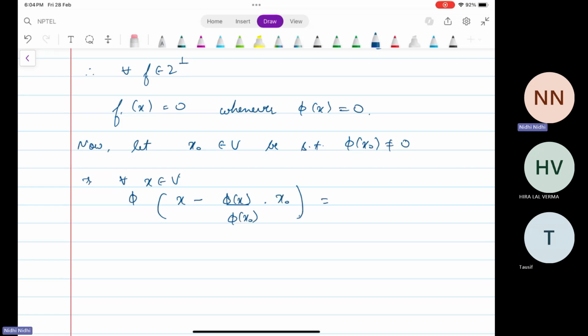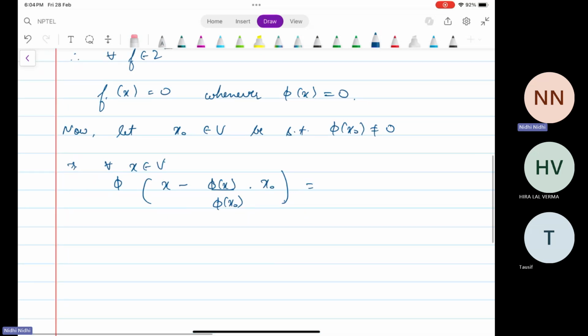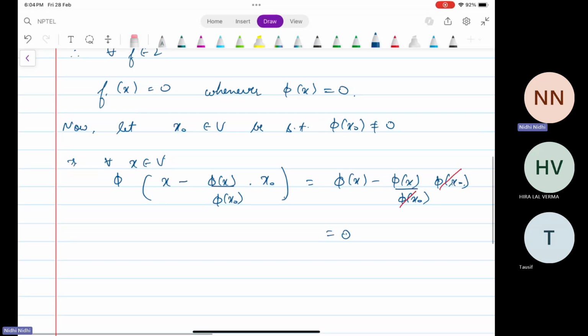Since phi is linear, by linearity this is equal to phi x minus phi x by phi x naught times phi x naught, which is nothing but 0.